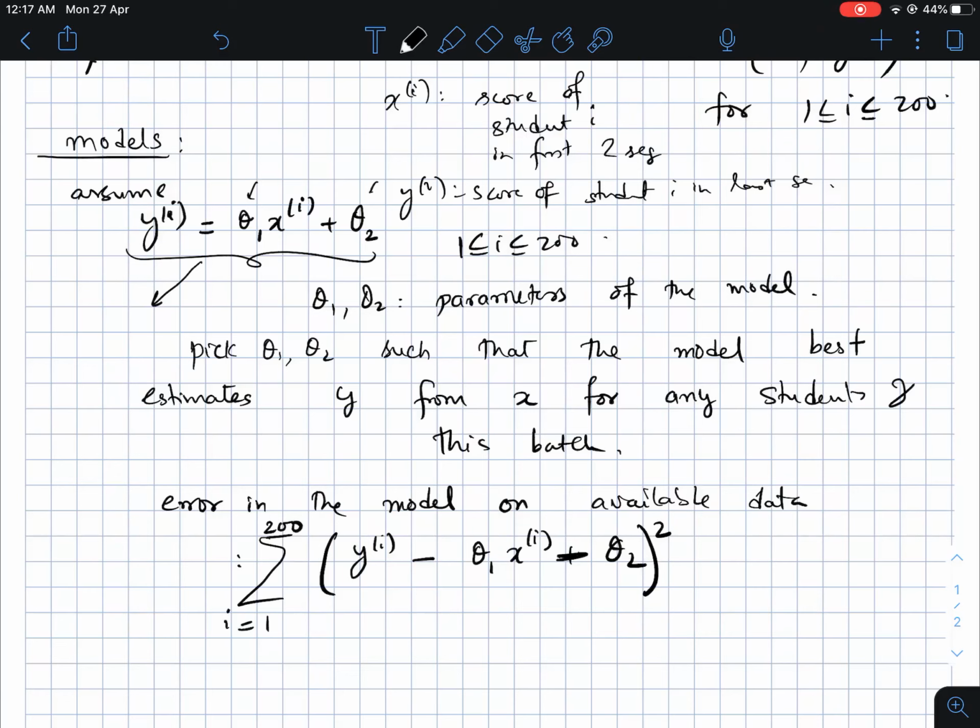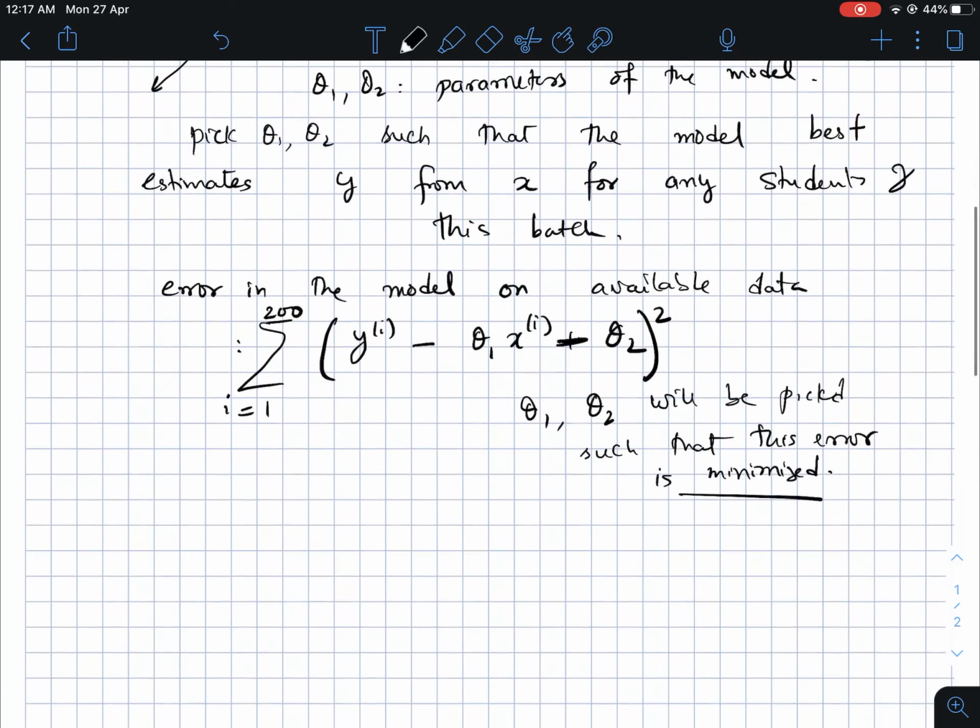So I'll assume that theta 1, theta 2 will be picked such that this error is minimized. Now what I'm doing here is minimizing the error on the available data, on the previous batch, not on the students in the current batch. That's an important thing to understand.